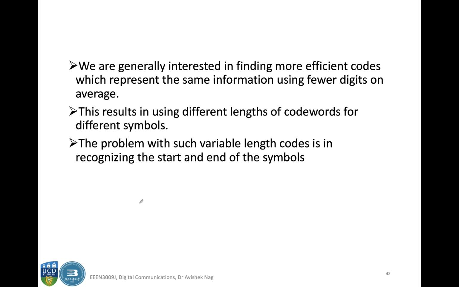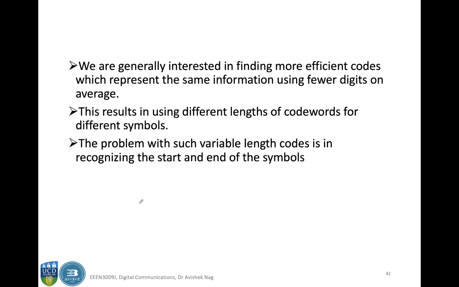So we are generally interested in finding more efficient codes which represent the same information using fewer digits on average. Okay, so this results in using different lengths of code words for different symbols. The problem with such variable length code is in recognizing the start and end of the symbols.